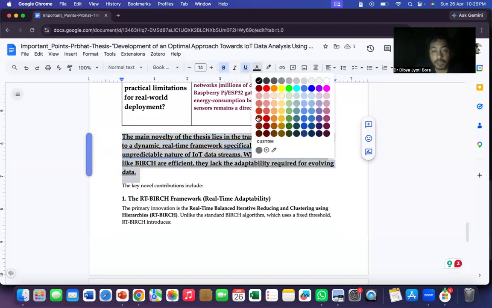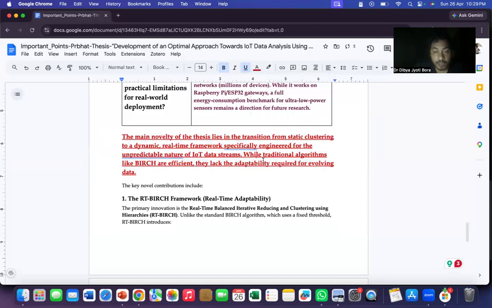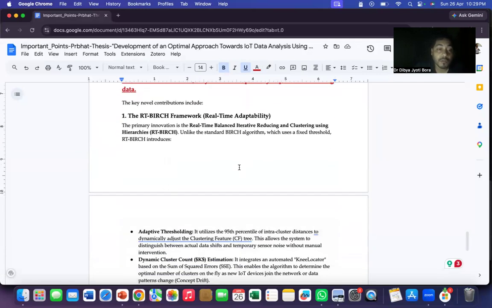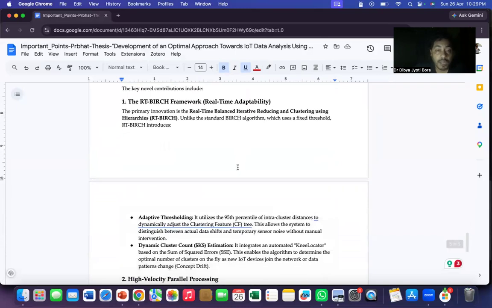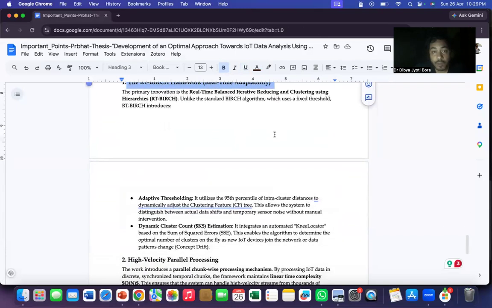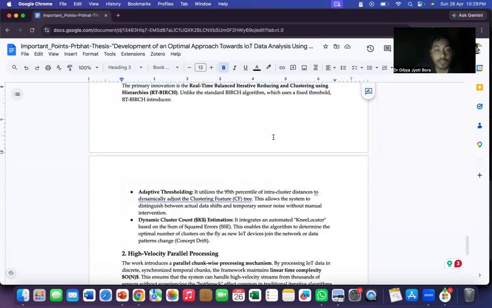Traditional algorithms like BIRCH are efficient, but they lack the adaptability required for evolving data. So this is important. This real-time BIRCH framework is the main novel thing that we have done.